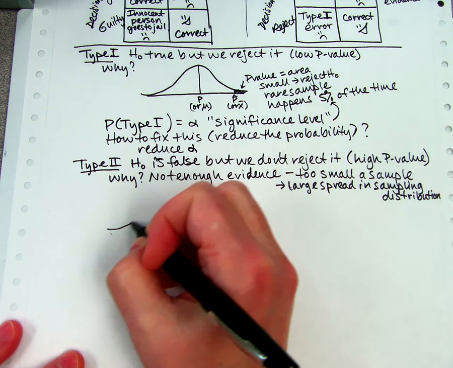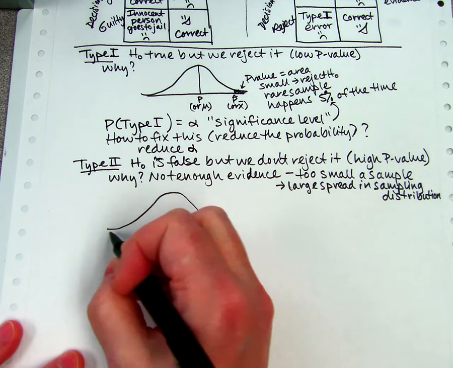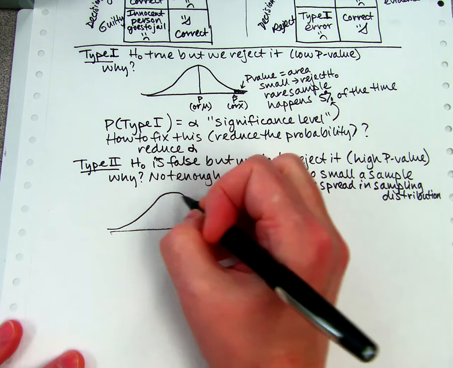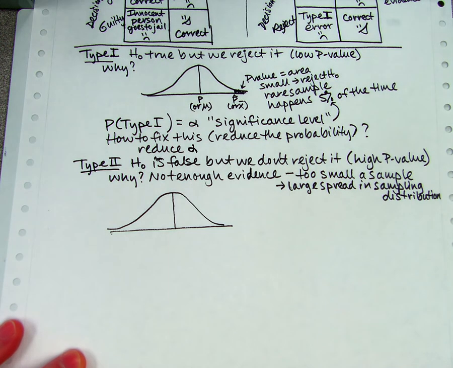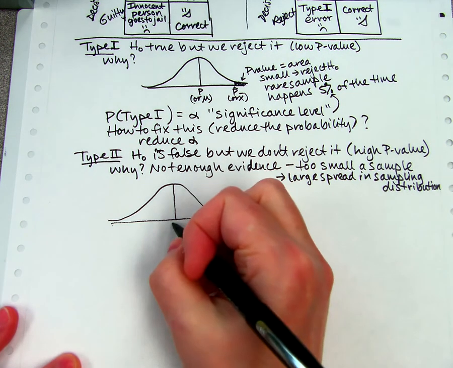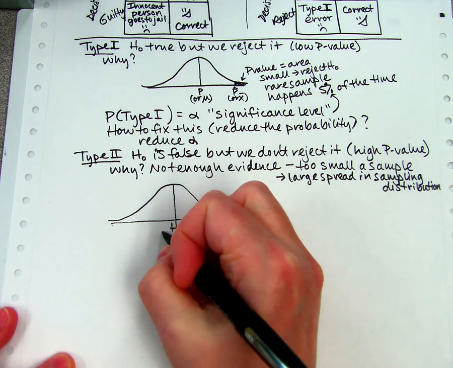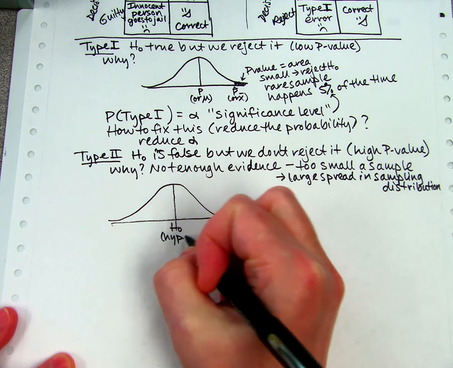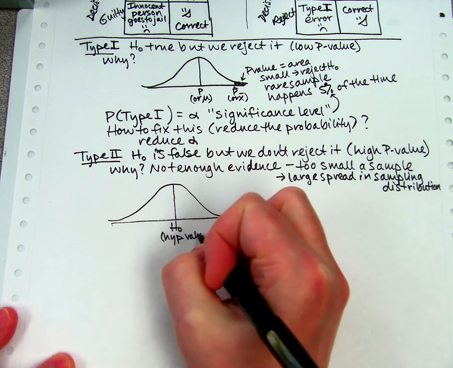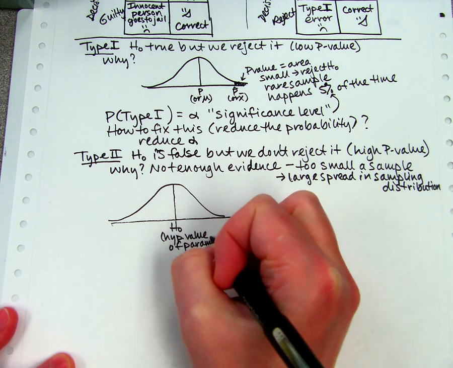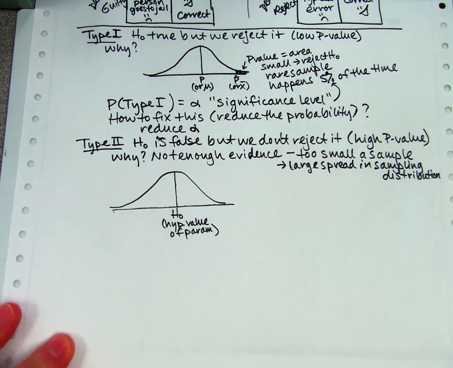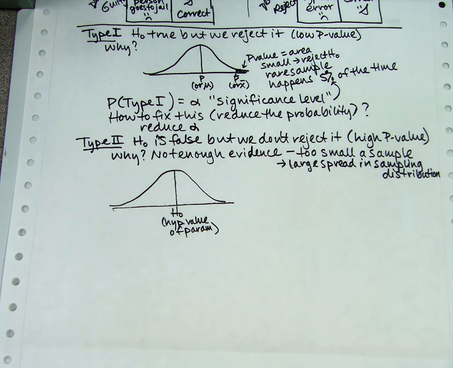So, normal curve, no big surprise there. We have our hypothesized value in the middle. This time I'm not going to say that this is P or mu. I'm going to say that this is our null hypothesis, our hypothesized value of the parameter, which we use, the value from our null hypothesis, to do our calculations, which we haven't really done a whole lot of yet, but we will.